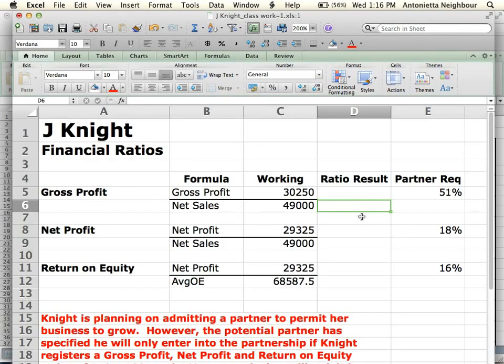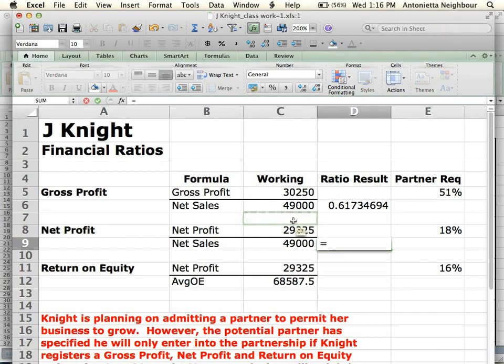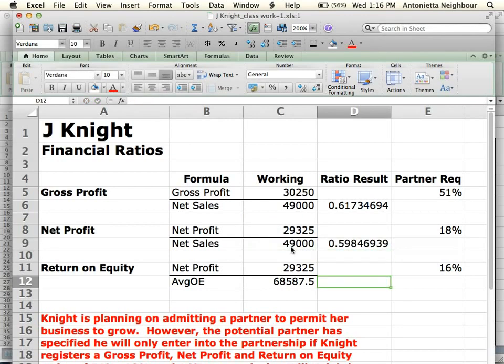All right, so let's calculate the ratios. It's basically just going to be for the gross profit divided by net sales. Net profit ratio equals net profit divided by net sales. And the return on equity is going to equal net profit divided by average owner's equity.